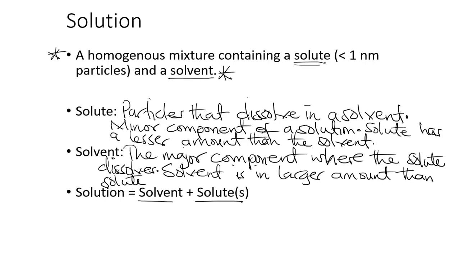You can dissolve sugar and salt in water. So you're having more than one solute. But what we are saying is a solution is composed of solvent and solute. And we also need to take note about the size of the particles, less than 1 nanometer. So that is a solution.